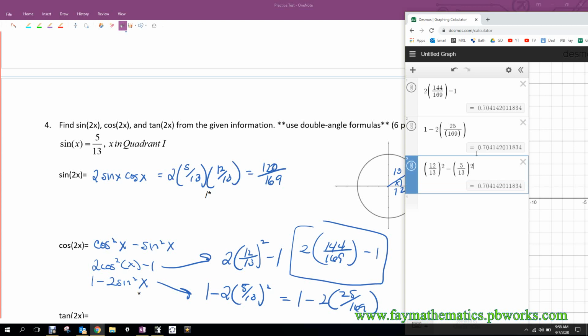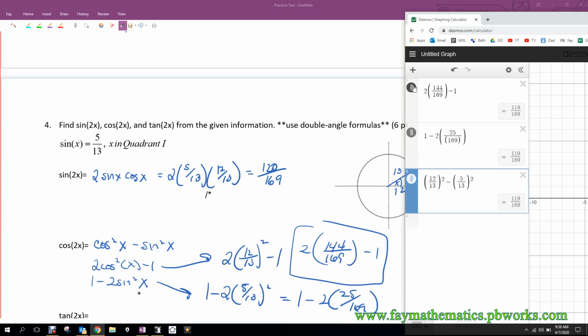So you get the same thing. Now you would evaluate these, okay? So my hope is that you're getting the 119 over 169 number. But that's what we're looking for there.